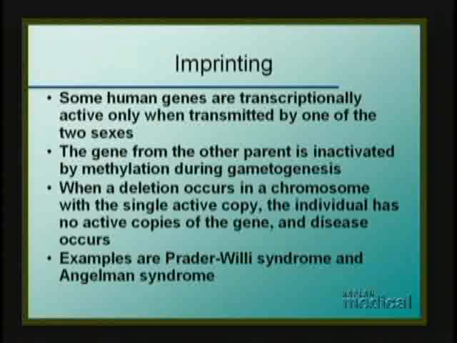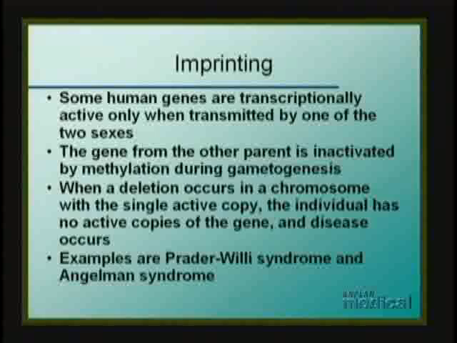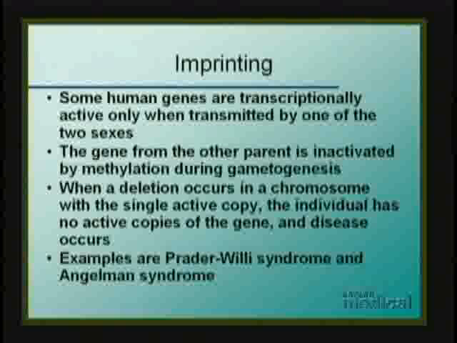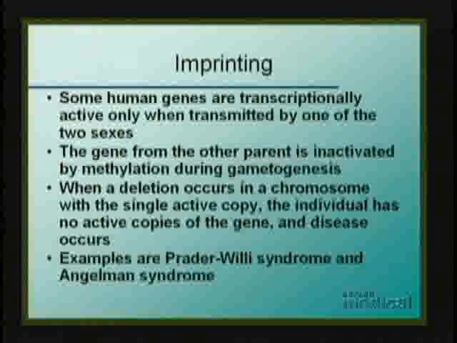However, we are beginning to discover a few genes in which that is not true. We're beginning to discover a few genes that we say are imprinted by either the father or the mother and turned off so that such a gene is not expressed. The copy of the gene from one parent is not expressed.